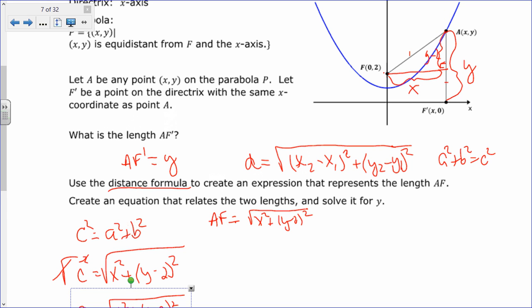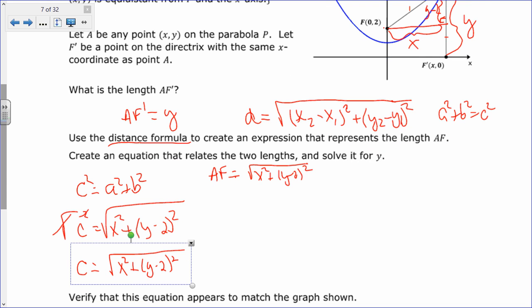Well, AF has to be equal to AF prime, and AF prime is equal to y, so I can take the two equations and set them equal to each other. So y is equal to the square root of x squared plus y minus 2, the quantity squared. Now I need to clean this equation up. To get rid of the radical, I need to square both sides.